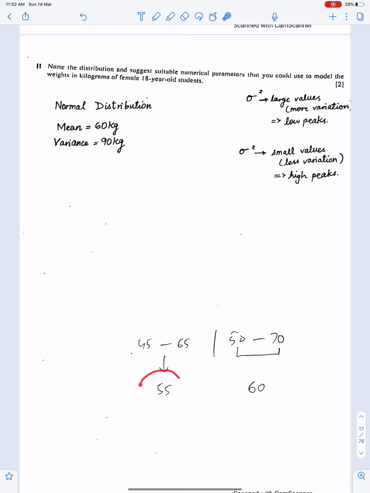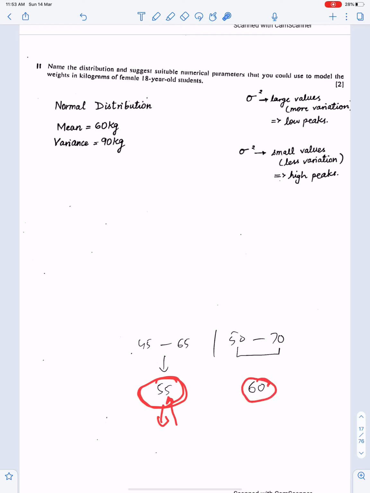This is more precise because normally weight lies in this range for 18-year-old female students, and this one is also fine, but both are precise values. This is a more accurate value. Weight lies around this value. So if you are writing this value, then make sure you write a small value of sigma square because you are writing a more precise, accurate value.